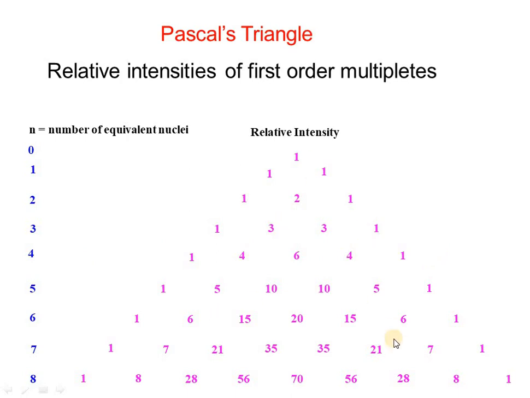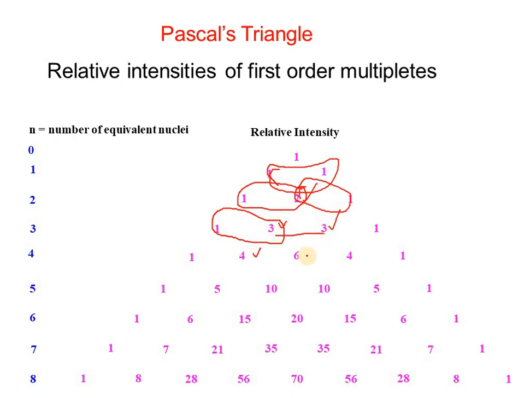Then if 4, 1:4:6:4:1 ratio. This we can easily write by first writing this one, then we have to write 1, 1, 1 on the extreme sides, and now we add up the numbers: 1 plus 1, 2, then 2 plus 1, this 3, similarly this 2 plus 1, it is 3, and if it is this 3 plus 1, 4, and adding this center number 6, and then adding this 3 plus 1, 4, and so on.